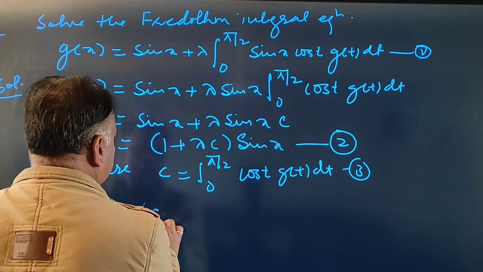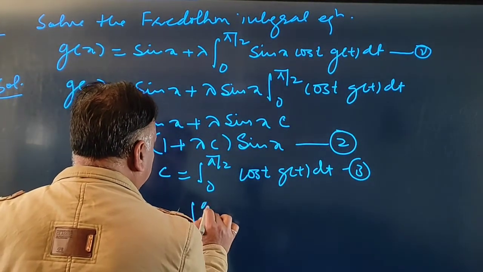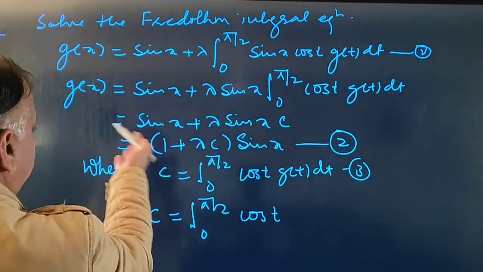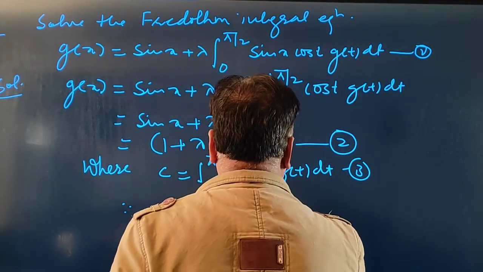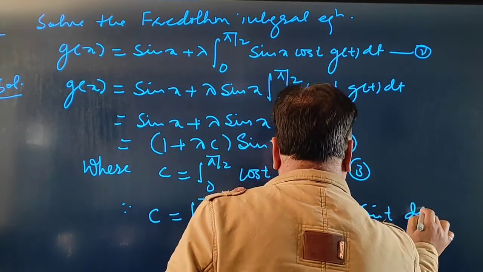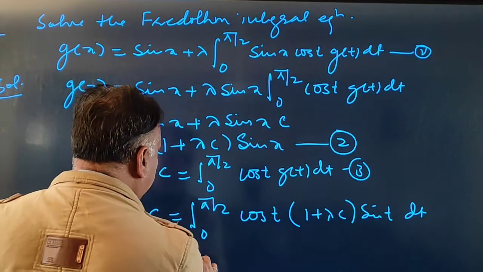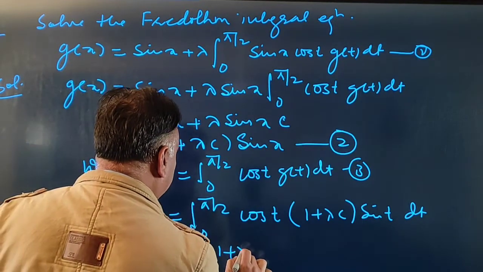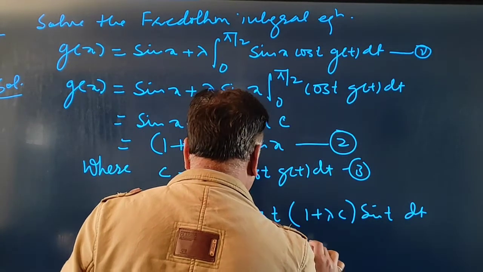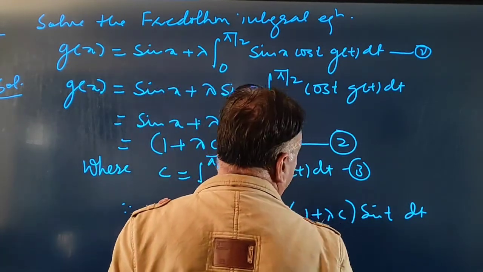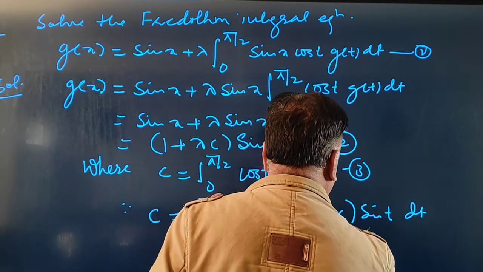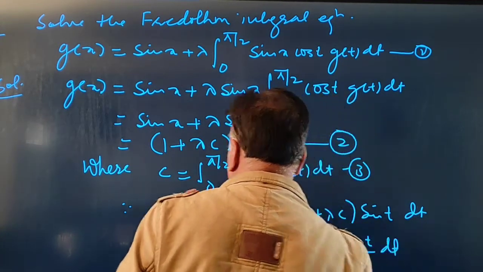So c = integral 0 to pi by 2 cos t into g(t). g(x) is given here, so g(t) is (1 plus lambda c) sin t dt. This can be written as (1 plus lambda c), c is constant, integral 0 to pi by 2 sin t cos t, which we can write as sin 2t upon 2 dt.